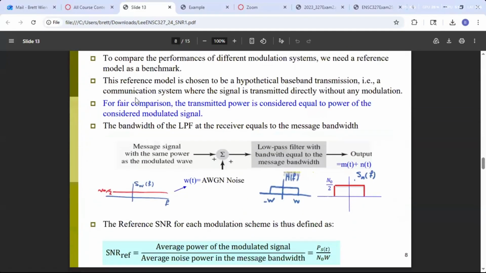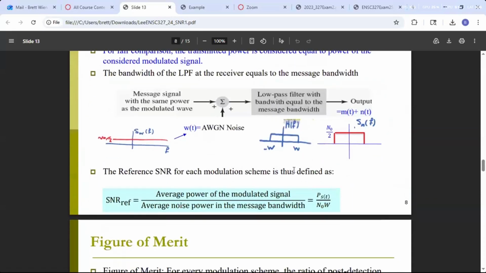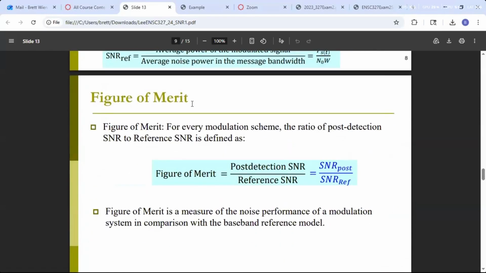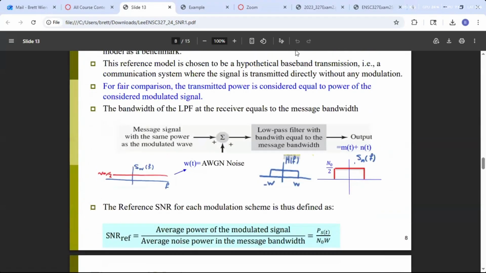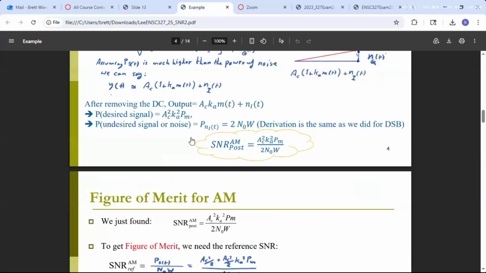Let's just see where it was. The reference SNR is the same for each modulation scheme. Yeah, I think it's the same. Like pre-detection, it might be different for FM. We'll just have to see when we get to it. Okay. So here's the SNR slide we were at.